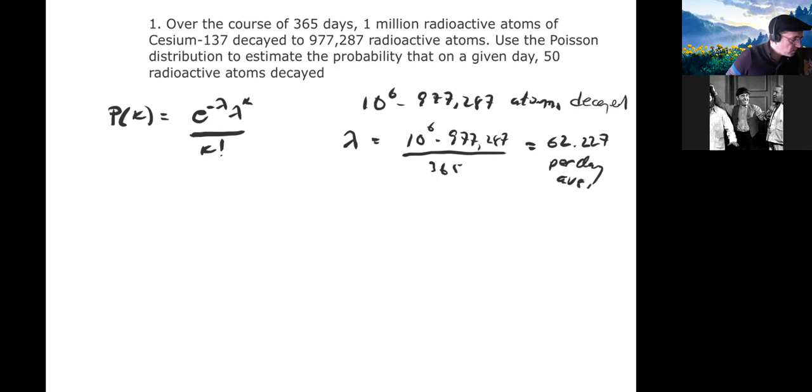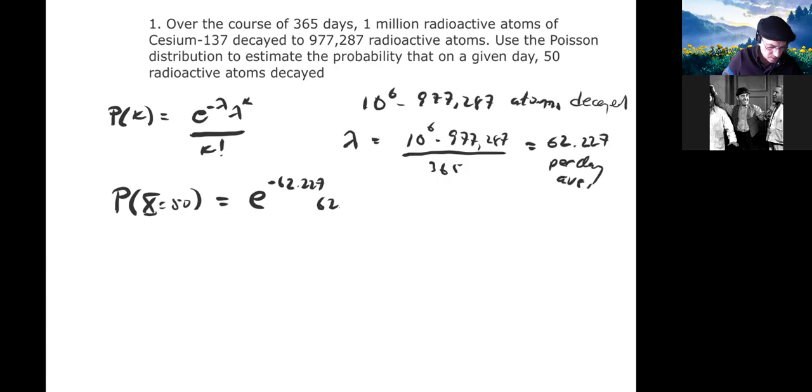Now what are we interested in computing? We want to know the probability that 50 atoms decayed. X is the number of atoms which decay per day. So the probability of X equals 50 atoms decaying per day is given by e to the minus 62.227 times 62.227 to the 50th power divided by 50 factorial.